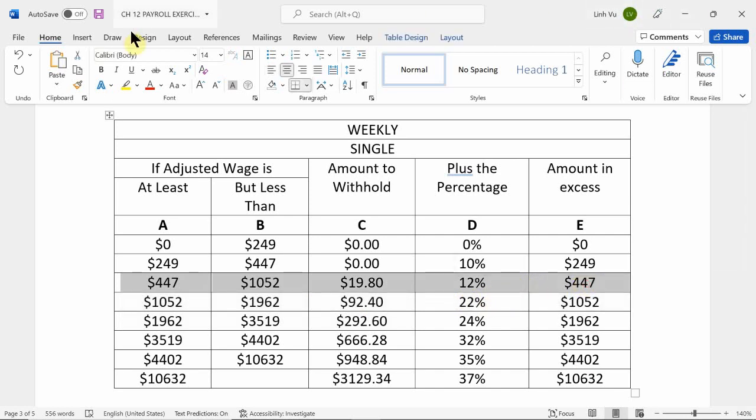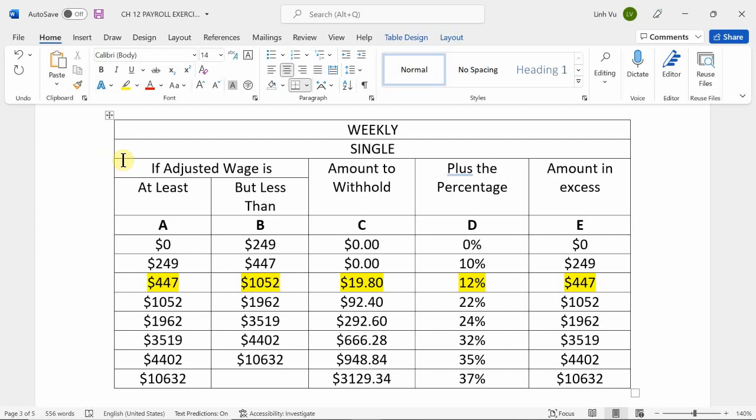So how much is she going to get taxed at? 12%. What is that 12% from? It's the percentage in that row. Now that we have our row, what do you need to calculate first before you use that 12%?